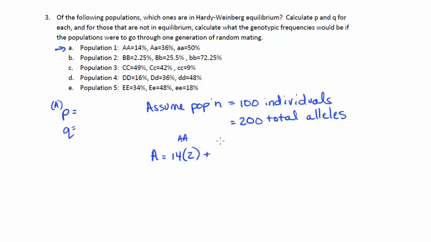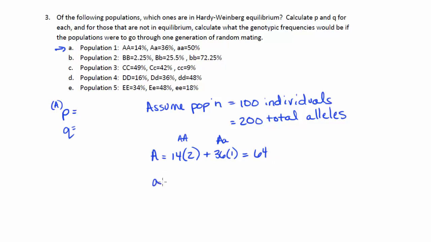And then we also have some heterozygous individuals that have a copy of big A. Again, considering that we have 100 individuals, you've got 36 individuals, and they have 1 copy each of the big A. So if we add up how many alleles we have in our gene pool of big A, we're going to get 64. So we have 64 total of big A.